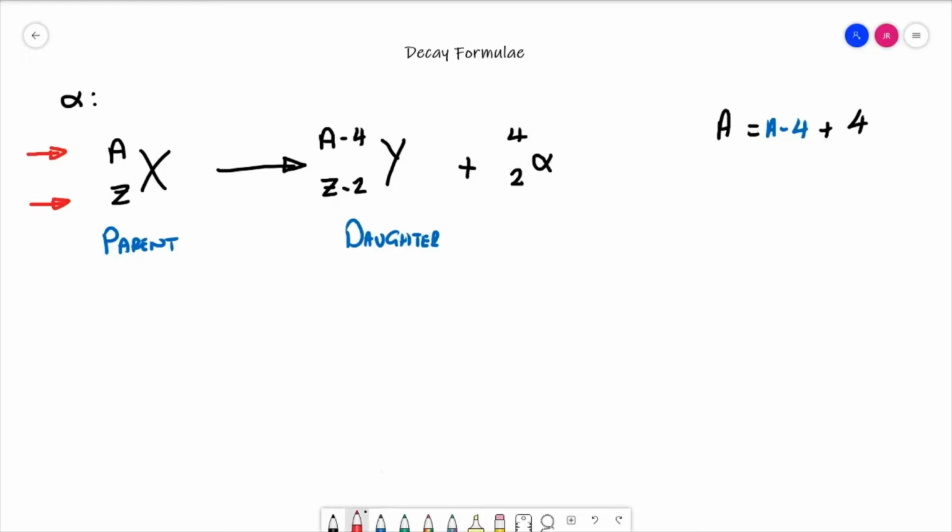Now, to give you an example of alpha decay, if we take uranium-235, which we've already looked at, if that decays by an alpha mode, then what we're left with on the top line is 231. We've removed 4 nucleons at that point. We've also got to remove 2 protons at the bottom to get to 90 on the bottom. And 90 obviously isn't uranium anymore, it is thorium with the symbol Th.